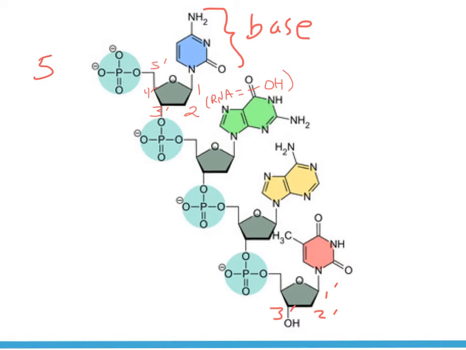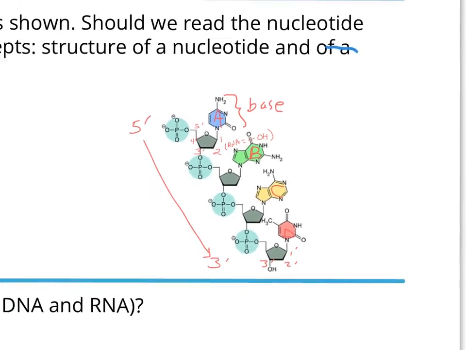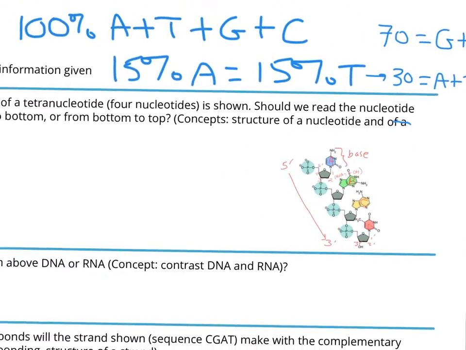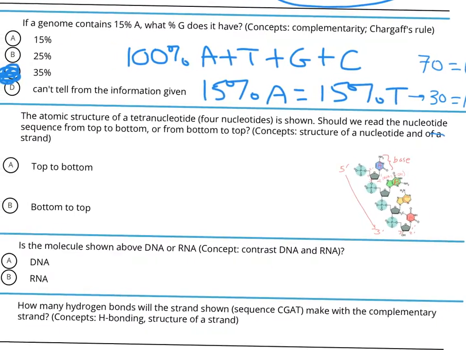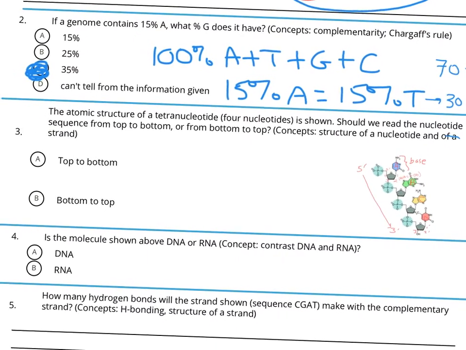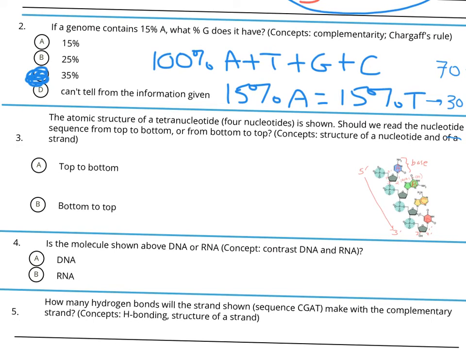So this is the 5' end, this is the 3' end. So we read these bases in order. Here's base A, the second one, base B, base C, and base D. And so we should read this nucleotide sequence from top to bottom, which is from the 5' to the 3' direction.